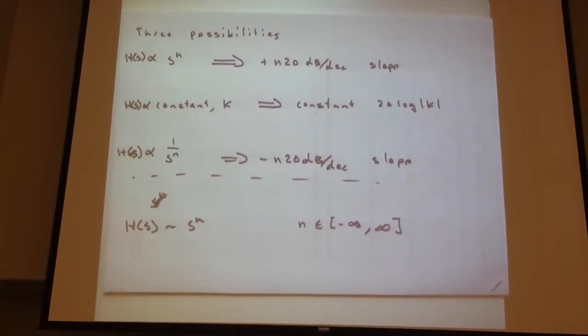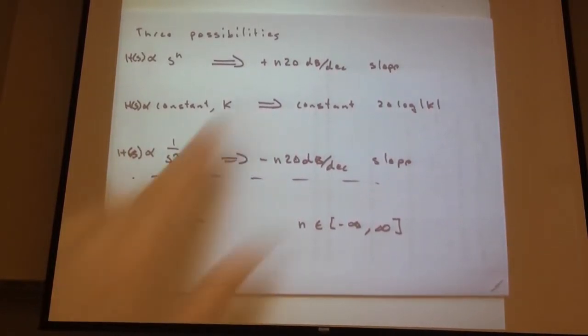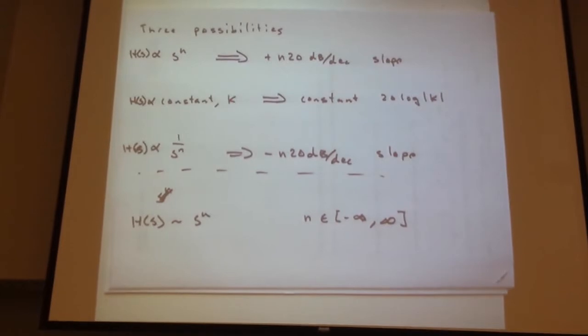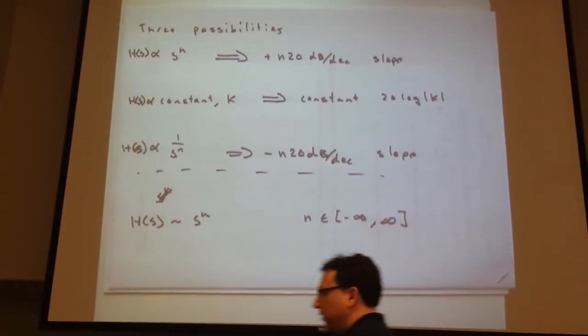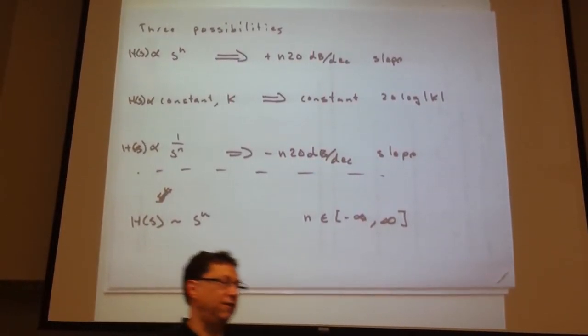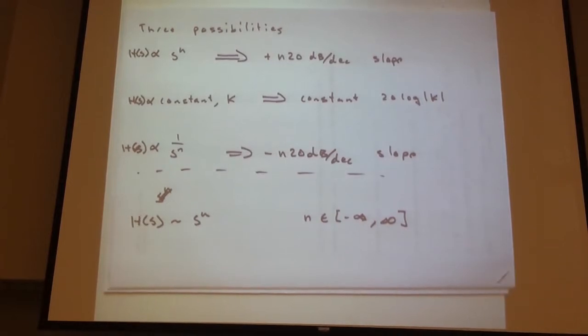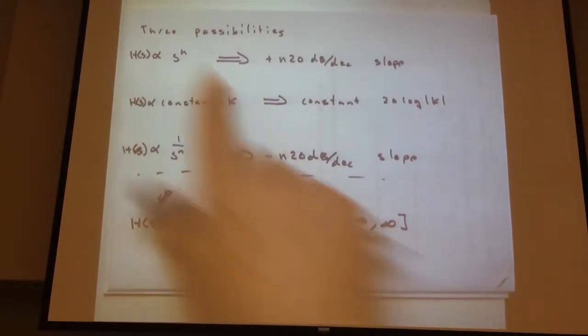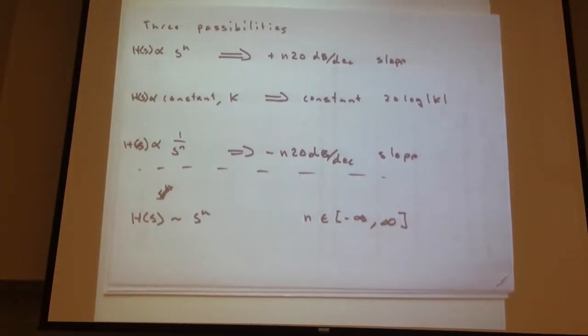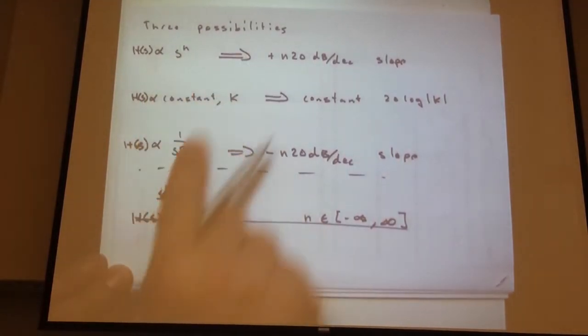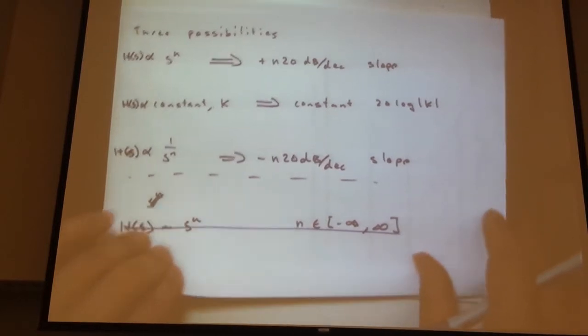And so the slope is just n times 20. If n was 0, the slope would be 0. If n was negative, the slope would be negative. If n was positive, the slope would be positive. So these are all variations on a theme, but I think it's a little bit more meaningful to see it like this.